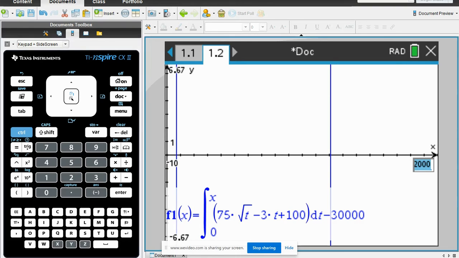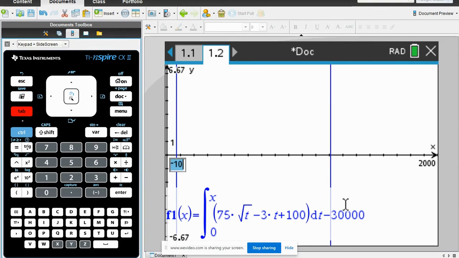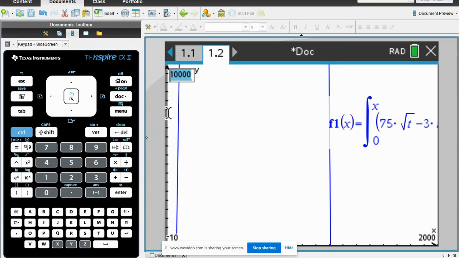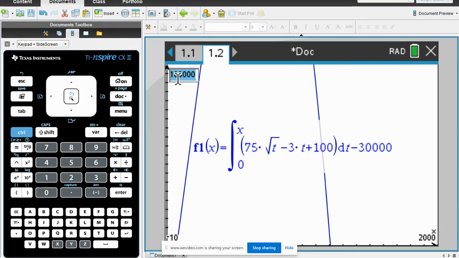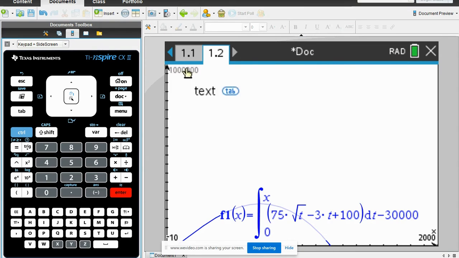So I'm going to tab all the way up to here. Just kind of pick something like 10,000. Nope, need to be much taller than that. 100,000. Getting better. Maybe 1 million. And that's way too tall, so maybe let's go 300,000.